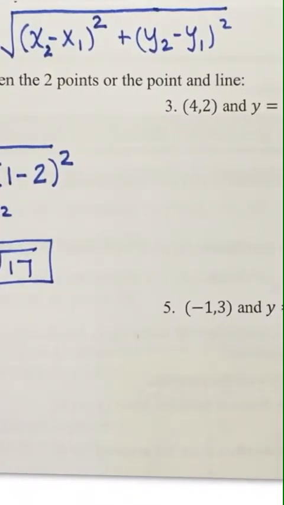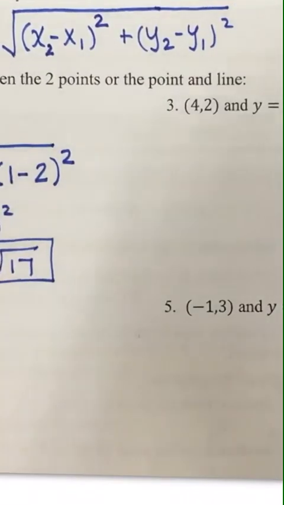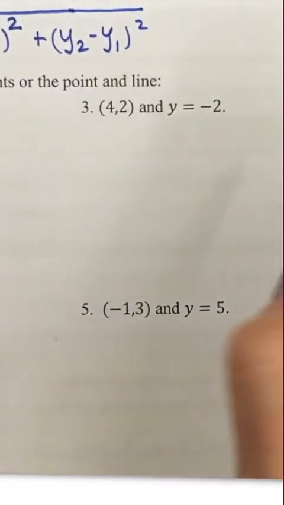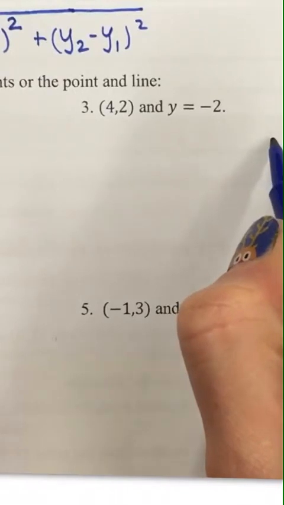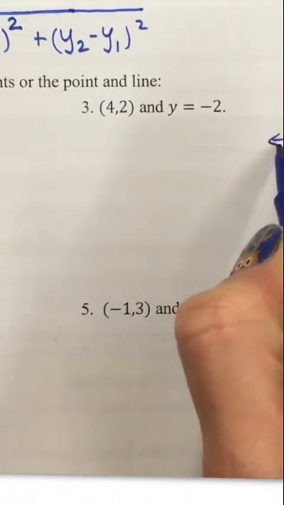Number 3 is a little bit different because you're looking at the distance between a point and a line. So as I mentioned yesterday at the end of class, it might be good to just draw yourself a sketch. So let's see, a basic set of axes.